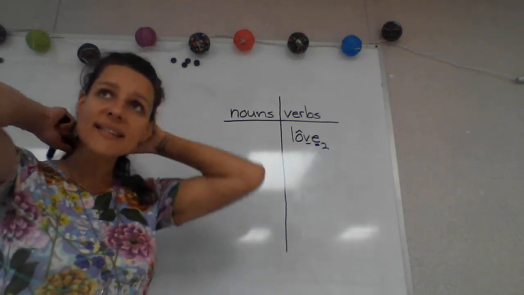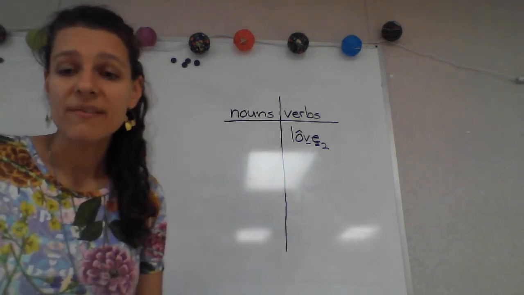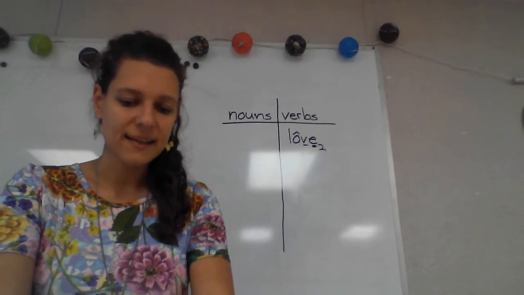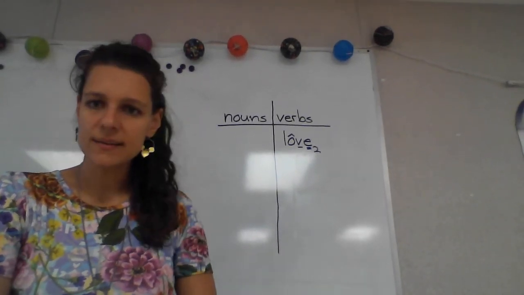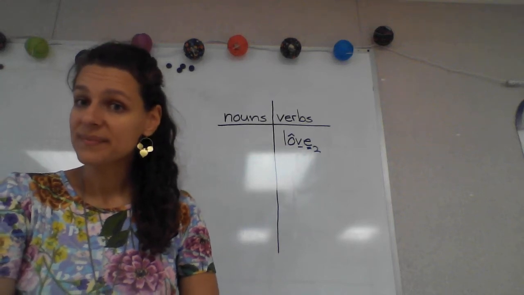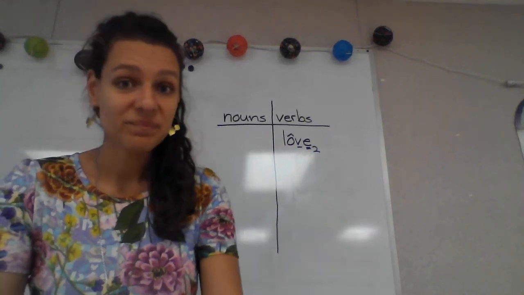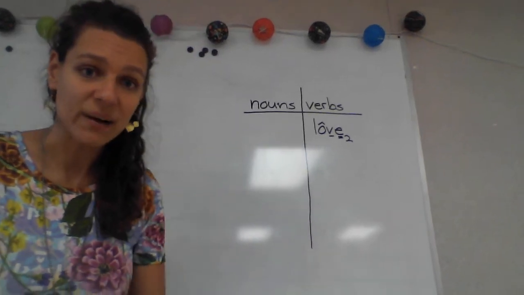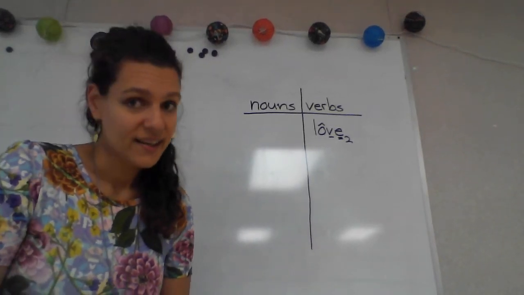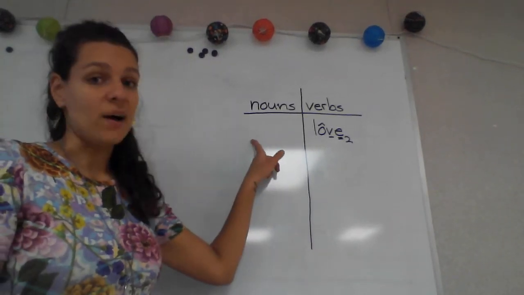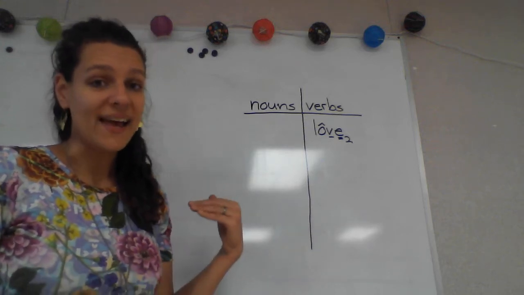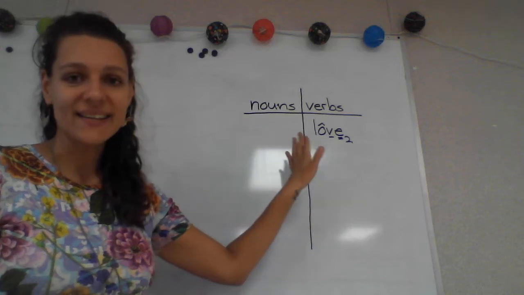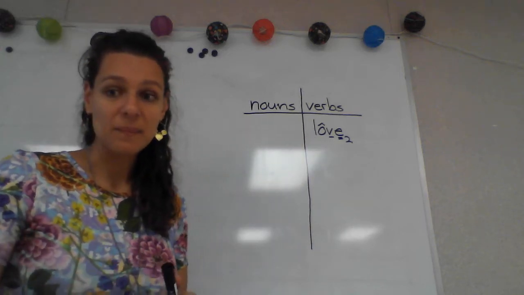Well, I said earlier in my sentence, my friend lives in Kansas. A friend, that sounds like it's a what? Right, a person. So is friend a noun or a verb? Very good, it's a noun, but how do we say it to spell it? Good, friend. So write friend in your nouns column.